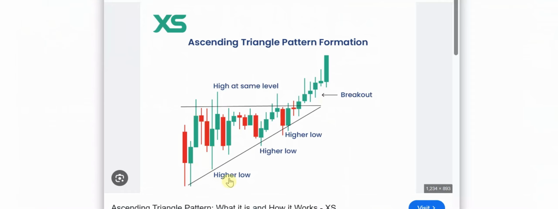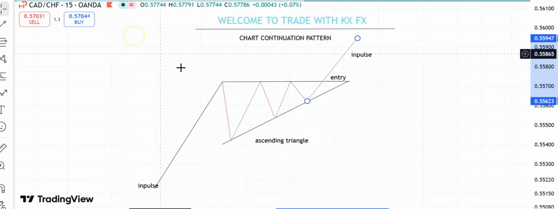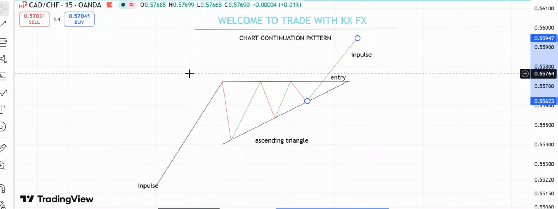Just here, this is a higher low, high at the same level, higher low, breakout. So market broke out, you start looking for your entries to the upside, because previously the market was in an uptrend. So this is the ascending triangle.